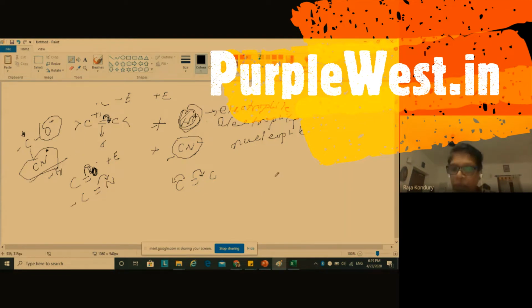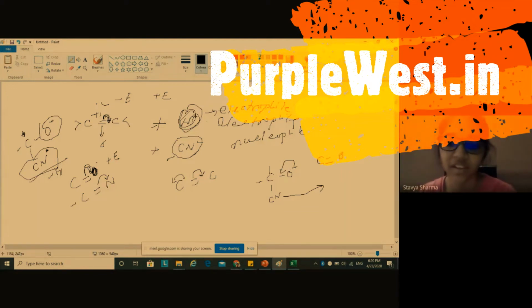Say for example, you have carbon single bond oxygen O minus, and CN is attached to this, because this carbon had a plus charge. And suppose for some reason you remove cyanide, this negative charge will come back to this, and this will again become C double bond O. You're getting the point?